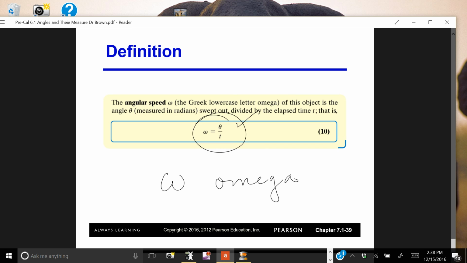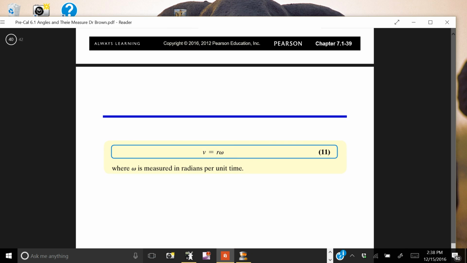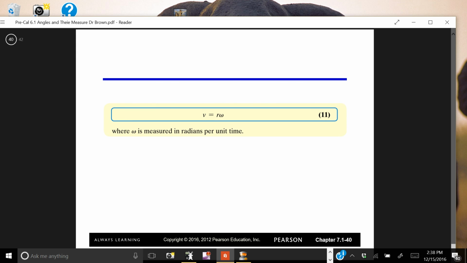So we have omega is equal to theta over t. And the linear velocity would be r times omega, where r is a radius, and omega is measured in radians per unit time.